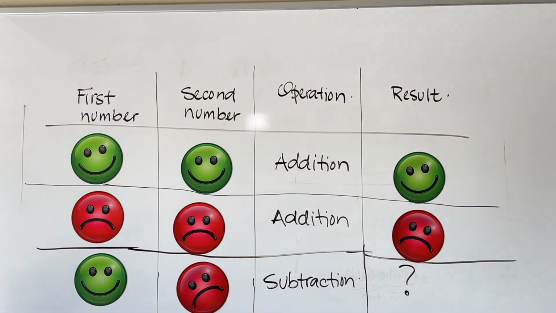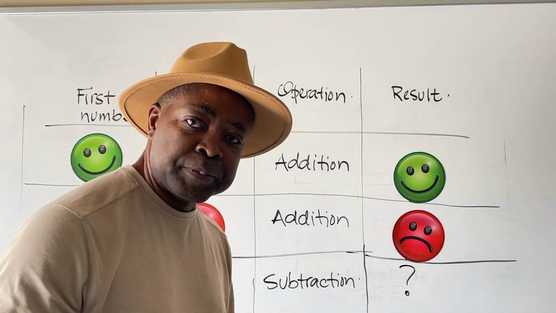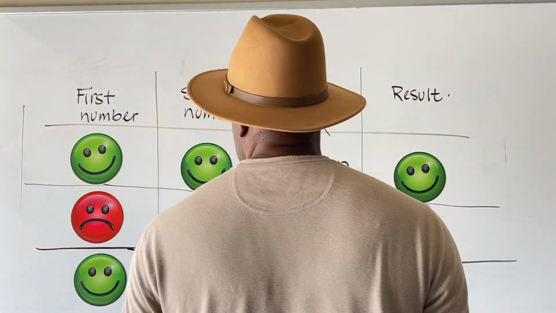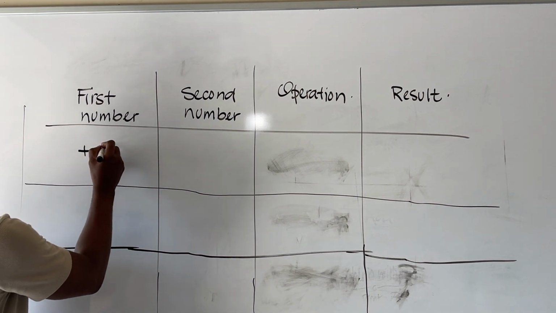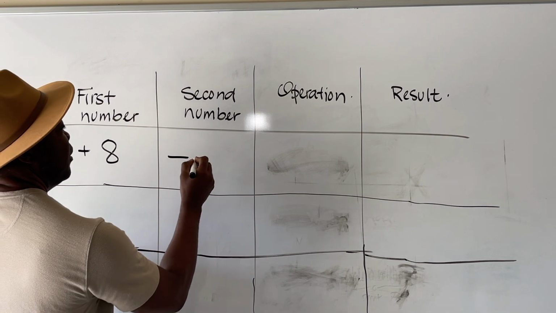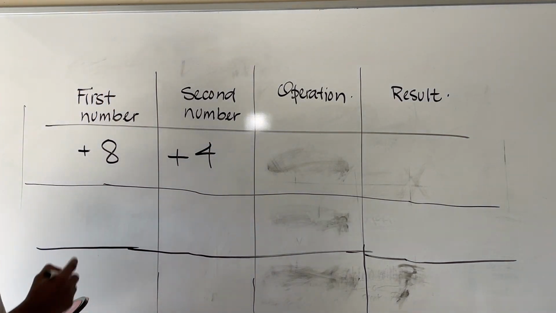Now, what do you think if we work a few problems? You think you're ready for it? Yes. Very good, very good. Plus 8 plus 4. What is plus 8 plus 4?